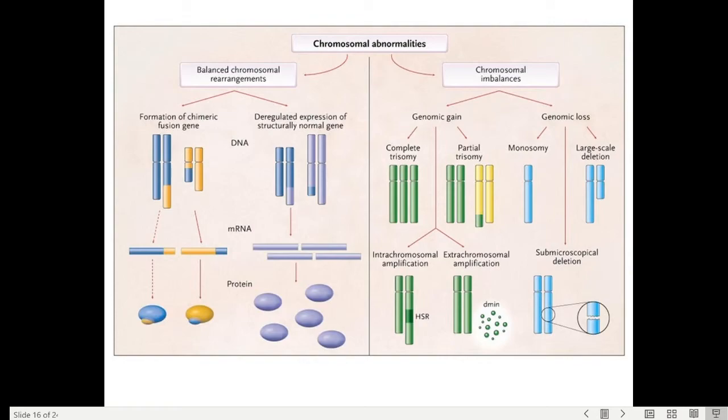This imbalance means that, compared with a normal cell, we may gain or lose a chromosomal part. That is called chromosomal imbalance. It happens due to the activity of the cancer causing agent in a particular pathway.